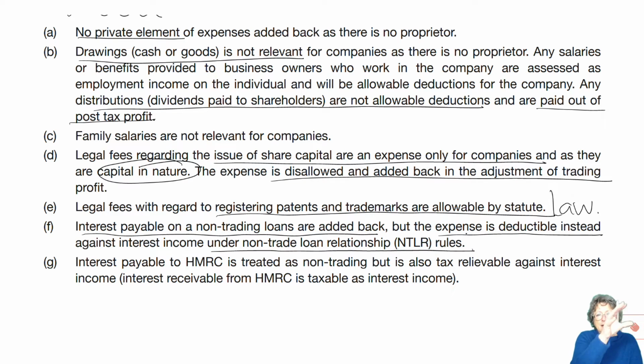So all you're doing is taking it out of the adjusted profits and putting it in the NTLR rules. Interest payable to the revenue is treated as non-trade, also tax relievable against interest income. Interest received from HMRC is taxable as interest income.